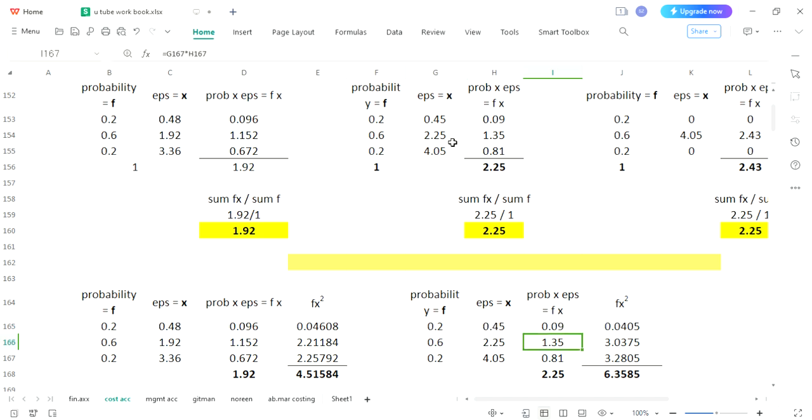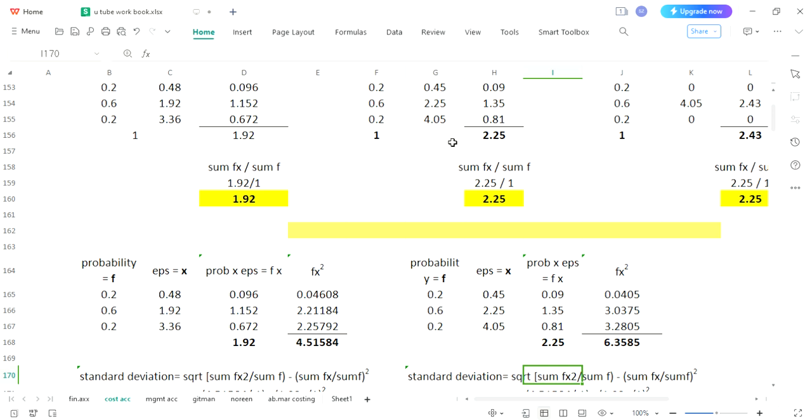In this way, the third part would be solved. F would be multiplied with X. So Fx we have calculated by taking the sum, 2.25, and now Fx square would be calculated by multiplying Fx again with X. We have got our first amount, but we are multiplying Fx with X again to calculate our Fx square.